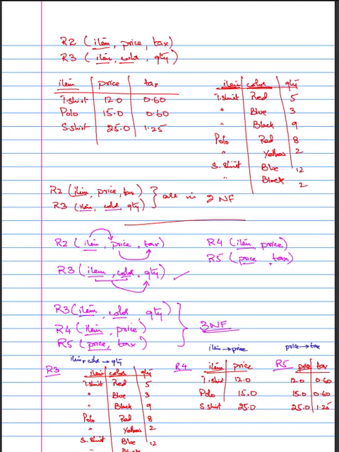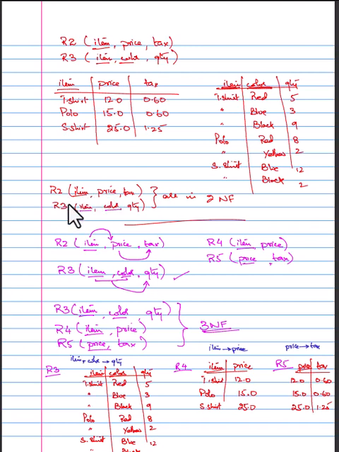Now think whether this relation is in third normal form or not. This is not in third normal form. Why? Because a transitive dependency exists. Partial dependency among the non-prime attributes and the primary attribute does not exist, but the transitive dependency in the non-prime attribute exists. How? Tax depends on price.